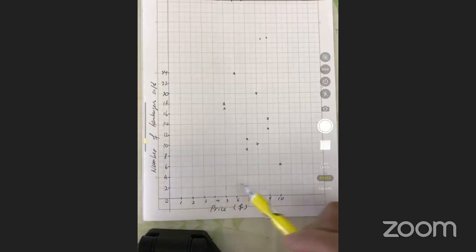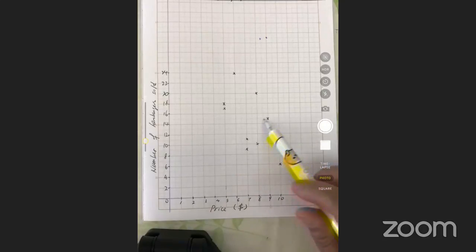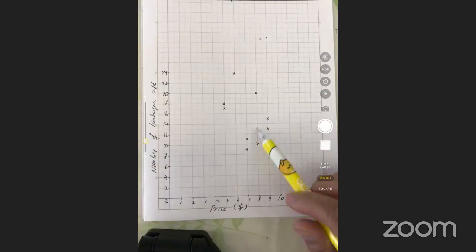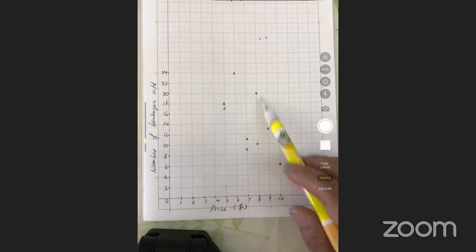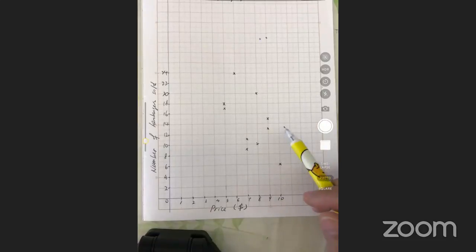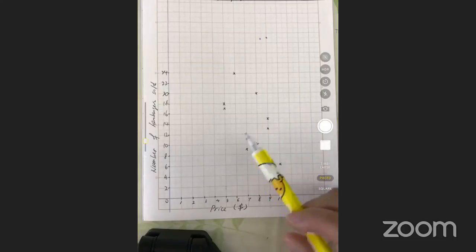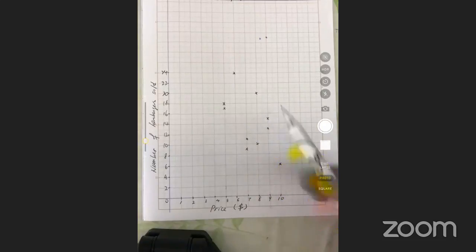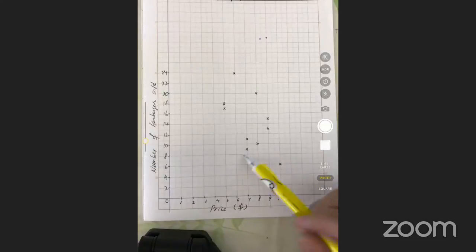By looking at this diagram, do you think that for those hamburgers which are more expensive, the number of them sold in a day will be smaller? Do you think in this way? But for this one, you are just asked to construct the diagram.